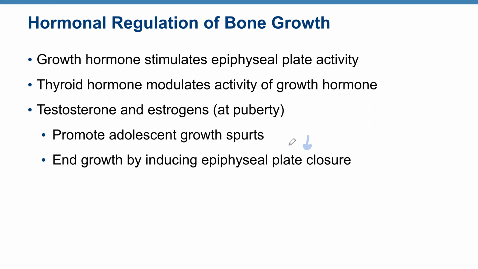So those sex hormones, male and female, promote your growth, and at the same time they close the epiphyseal plate, so at the end of puberty, you do not grow any taller.